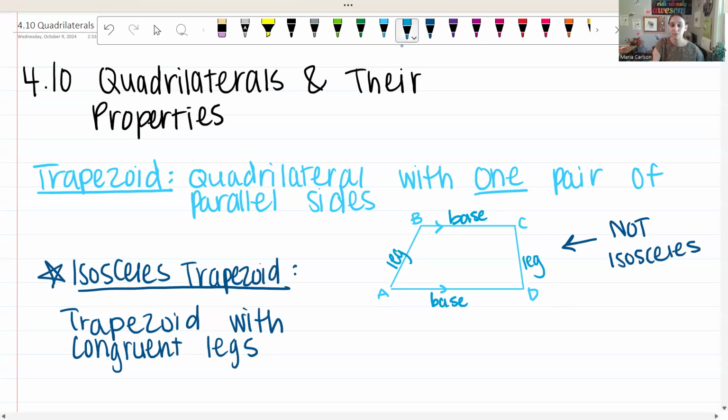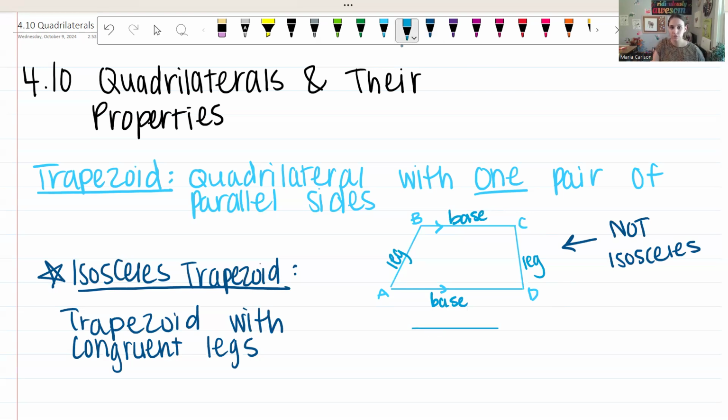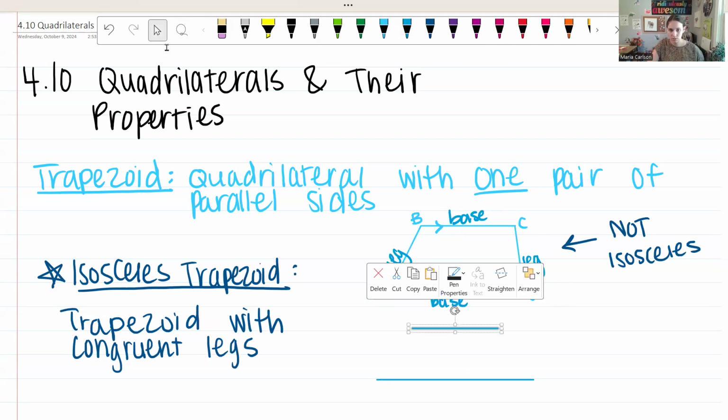So an example that would be isosceles. This is kind of what your traditional trapezoid looks like. Let's see how I did. Move this over just a little bit. Okay, fine.